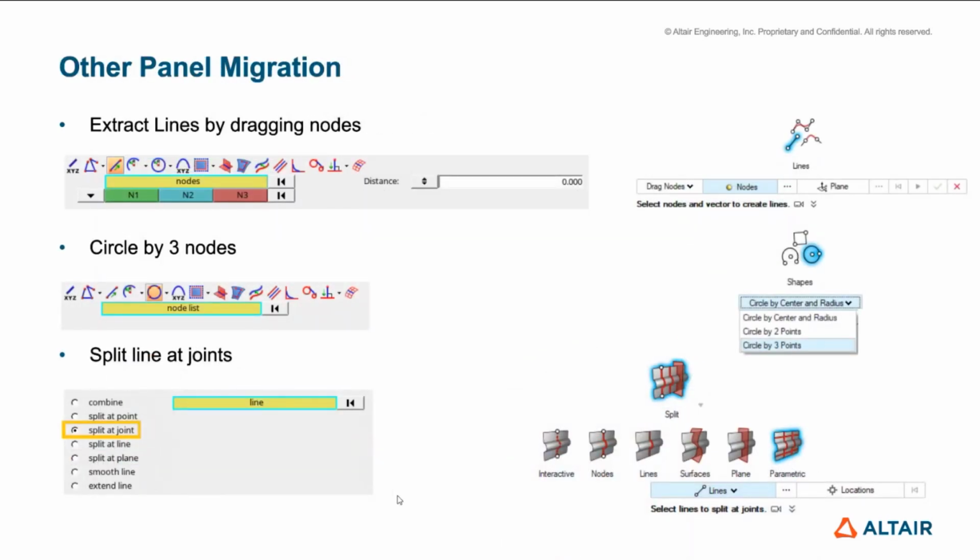Some of the other panel migration items are extracting lines or creating lines by dragging nodes. That's been provided under lines as a drag nodes functionality. There is also a request coming from the field that we support creation of a circle by 3 nodes.